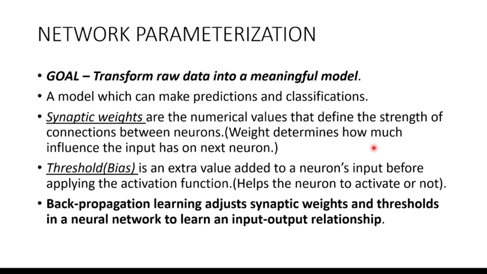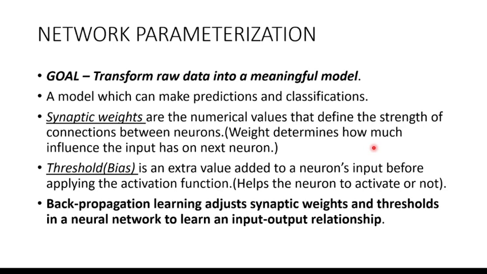And threshold, which is also called bias, is just an extra value added to the neuron's input before applying the activation function. After the application of activation function, we will get the output. So before applying activation function, we will be adding some extra value to the input. And that extra value we add is called the bias.